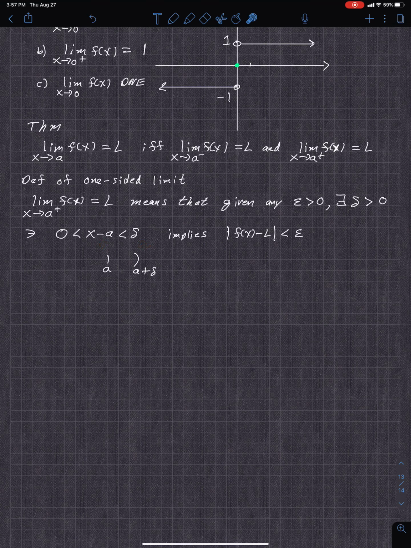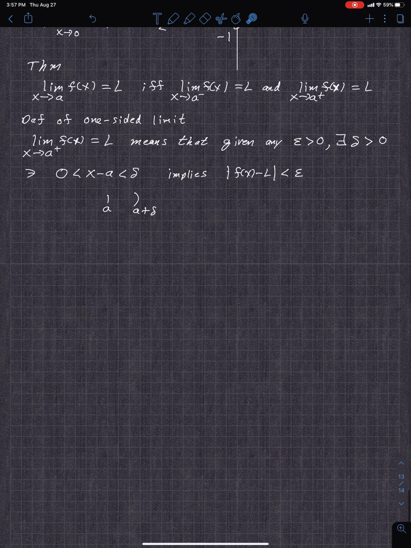So x is less than a plus delta, so you're over here. But it has to be greater than 0, so it can't be over here. It can't be negative. It implies it's all over here on this side.